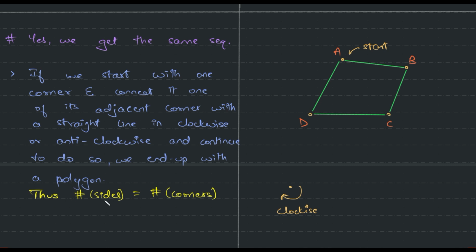So it has to be so for us to draw a polygon, wherein we can start with one end and keep moving, and we'll end up with a polygon. It has to be in either clockwise or anti-clockwise direction. So when this happens, the number of corners should be equal to the number of sides. There is no other option.